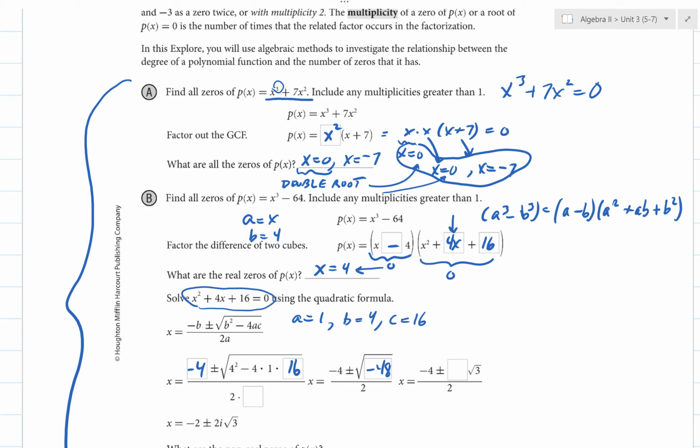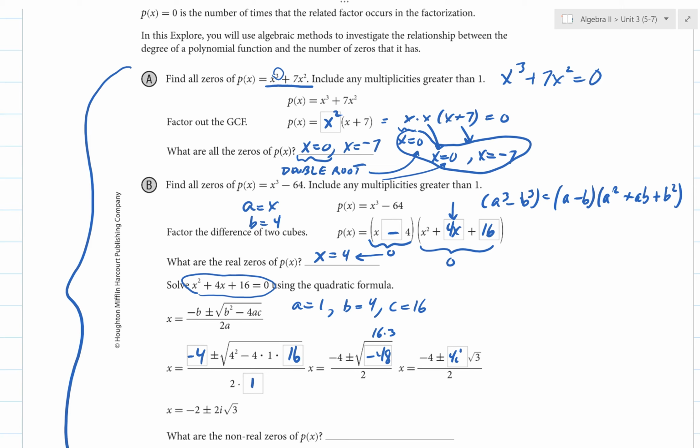That's negative 48. And 48 is 16 times 3. So since it's negative, it's going to be 4i root 3. So negative 4 plus and minus 4i root 3. And then in the bottom we have 2a, and a is 1. So that's why we just have a 2 on the bottom.